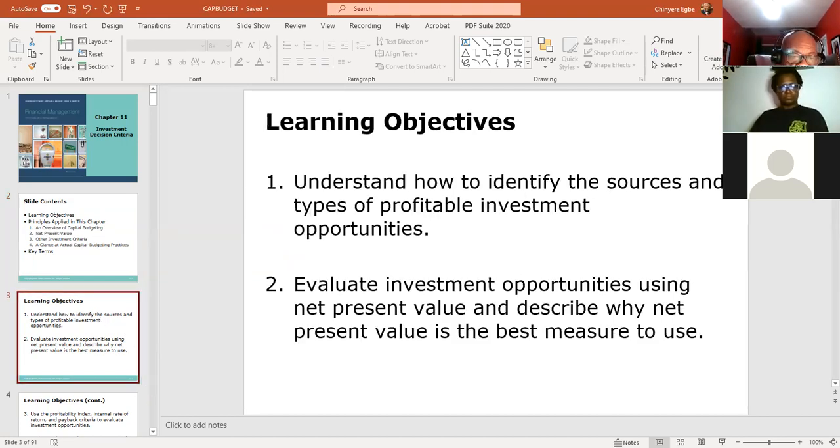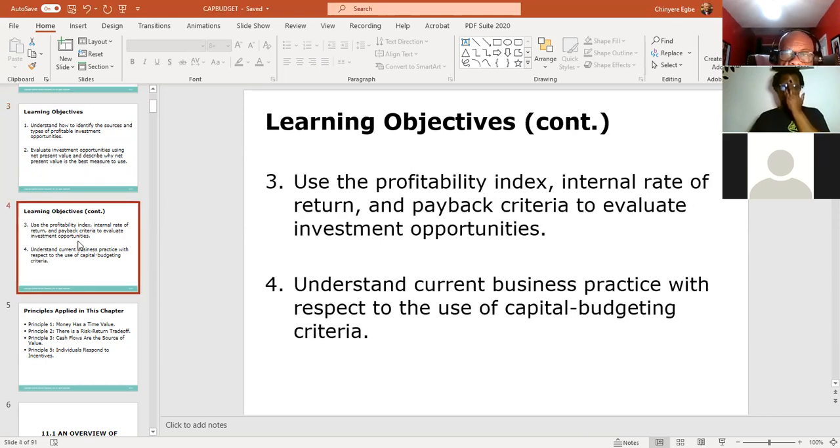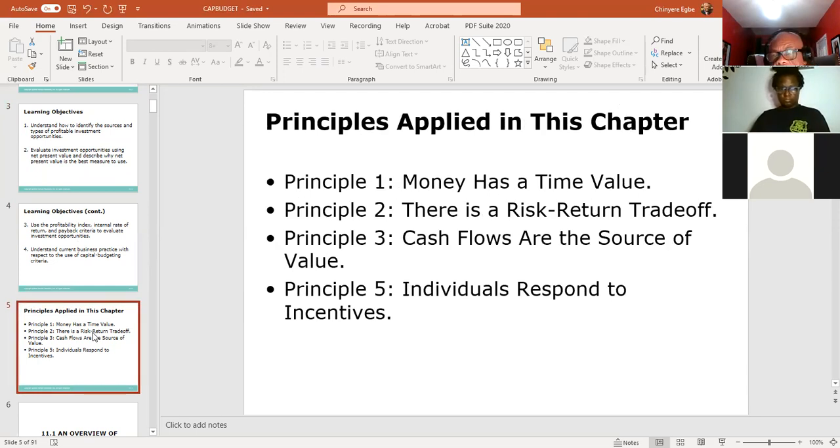So our purpose here then will be to learn how to evaluate capital budget propositions, okay? Now, the basic principle for the evaluation of capital budget is based on the time value of money that we already learned about, which is to say, you invest money today and you expect the investment today to yield cash flows into the future.